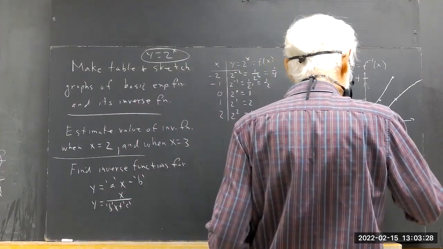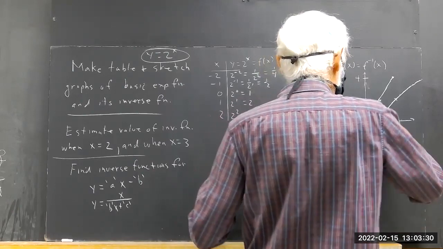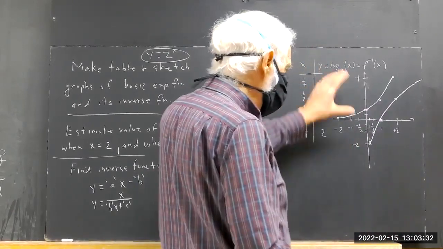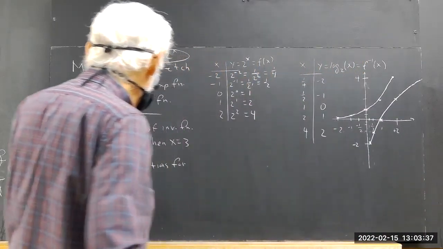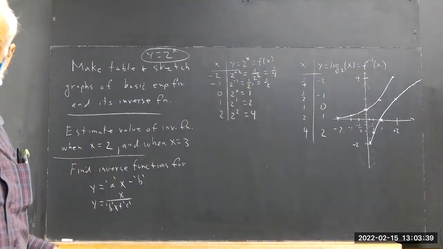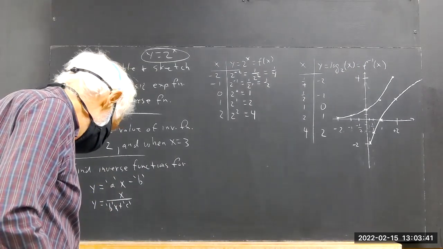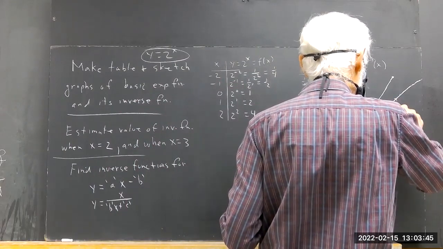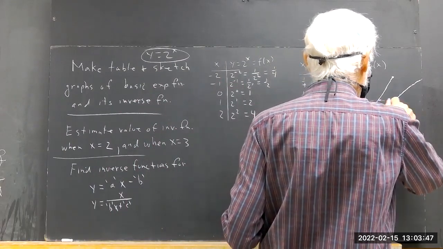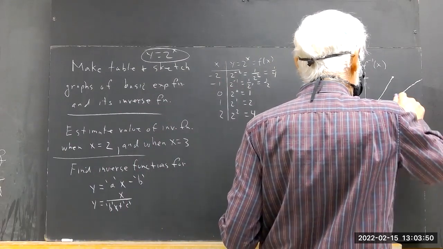Okay, well, now there's some properties, line of symmetry, but I don't have equal scales, so I'm not going to bother with that right now. But I ask you to estimate the value of the inverse function when x equals 2. And well, when x equals 2, here's your graph point.